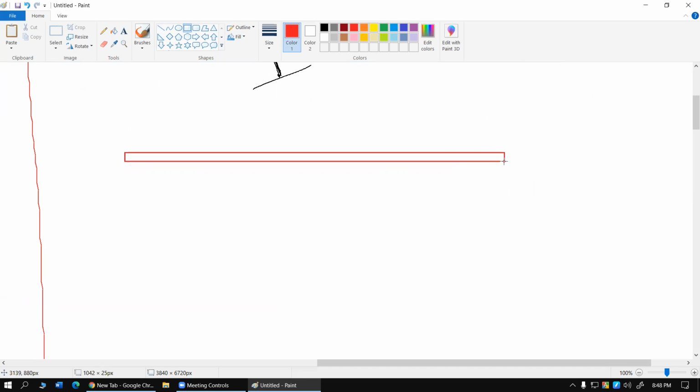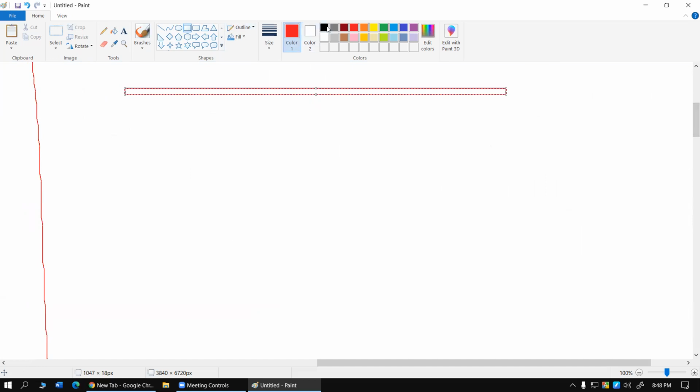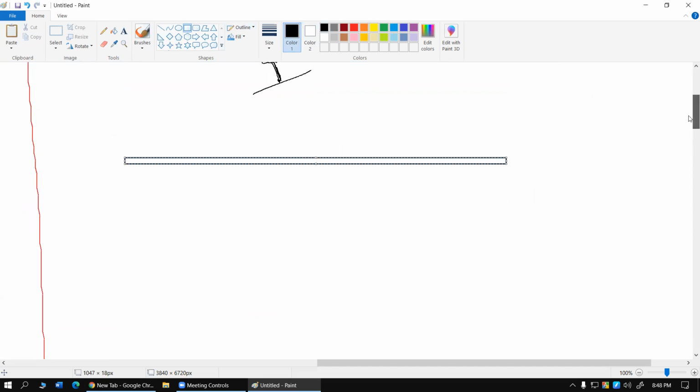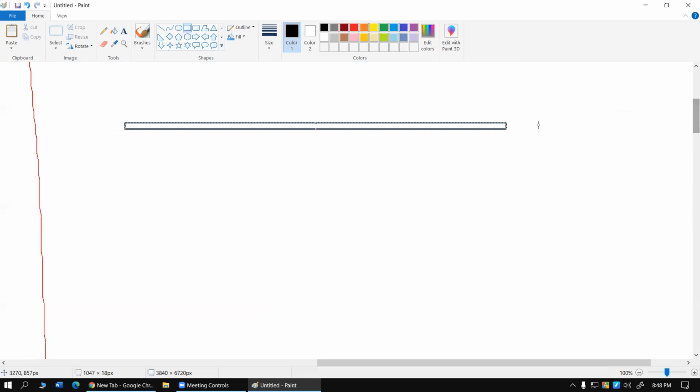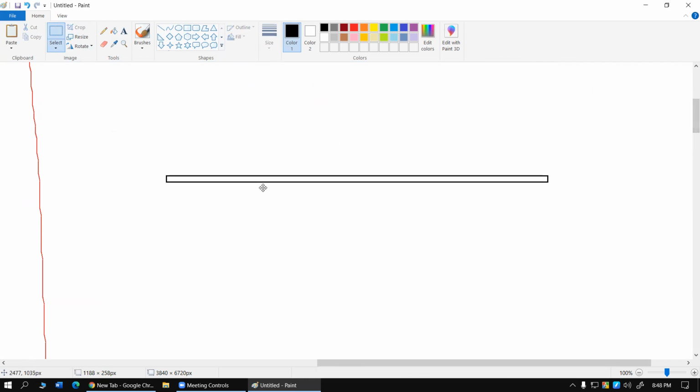Suppose this is a horizontal bar. Let me use black. Let me draw the bar a little lower, because I might need the space above and also on the right.